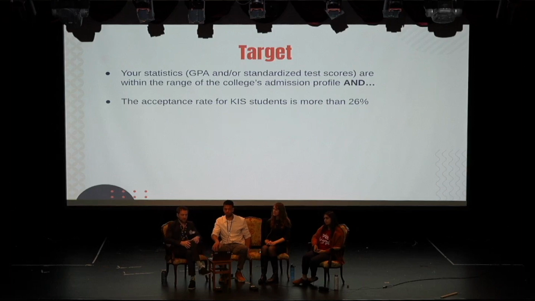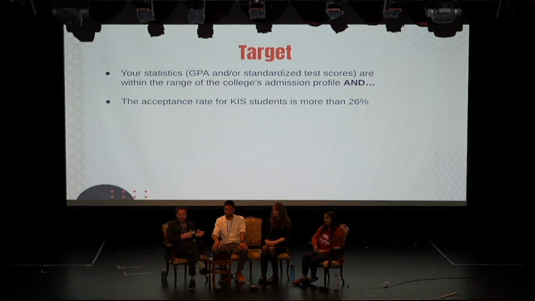Target school is going to be where the statistics, so GPA and test score, are in that range. So green, and in some instances, I think, gray if it's right on the nose. And then the acceptance rate being above 26%.